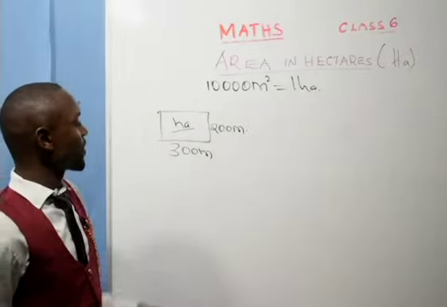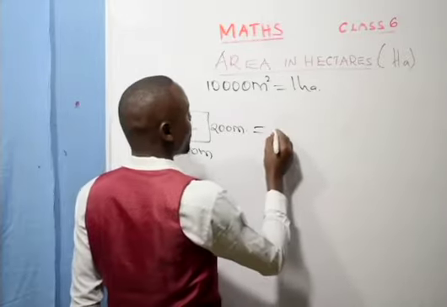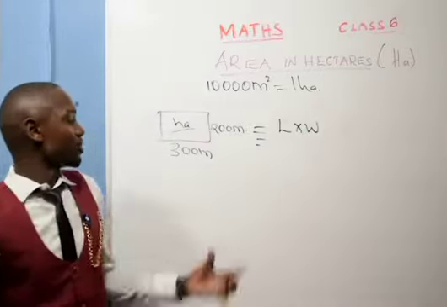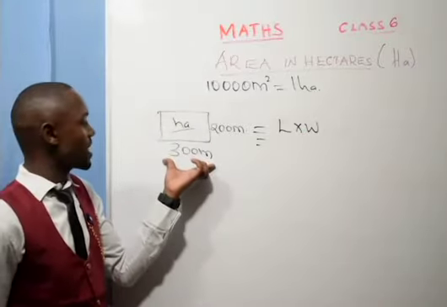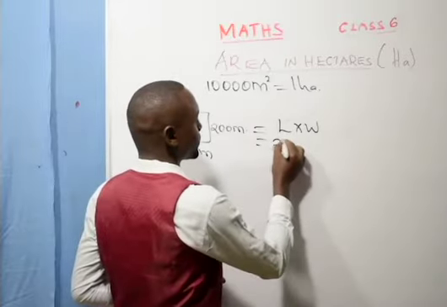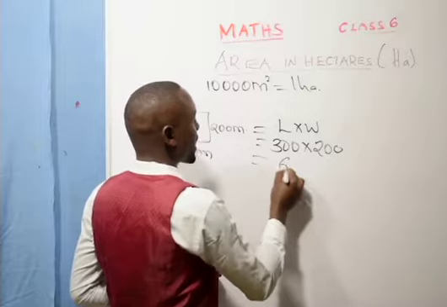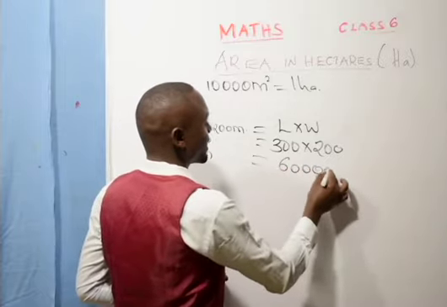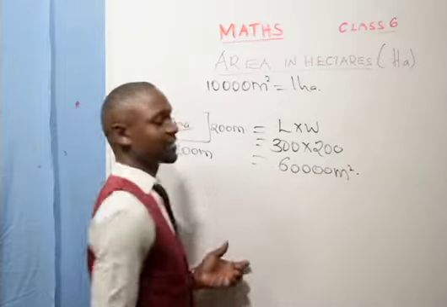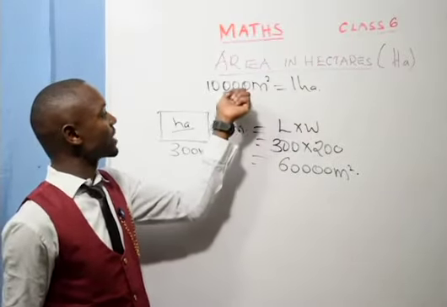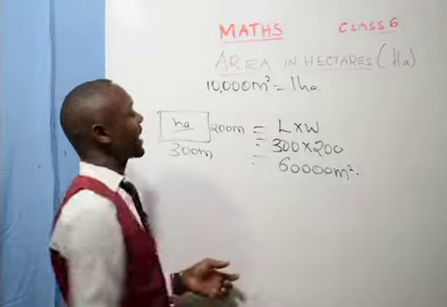So this piece of land will have an area equal to length times width, 300 meters times 200 meters. So it will have an area of 60,000 square meters. And remember, 10,000 square meters is equal to 1 hectare.